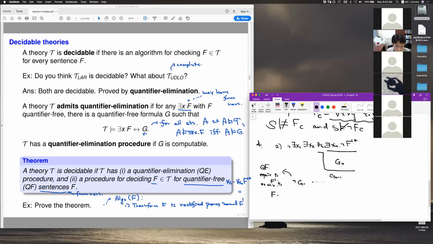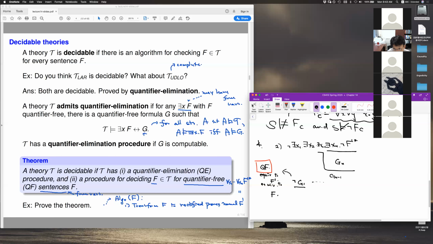So we start with f, we apply the transformation to get the rectified prenex normal form, then we use this simple trick with the negations using De Morgan's, and then we apply the quantifier elimination procedures from inside out, and we get this negation of G1, which is equivalent to the original formula, but it's quantifier free.